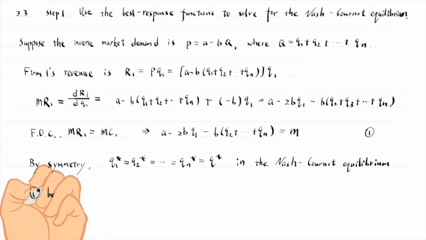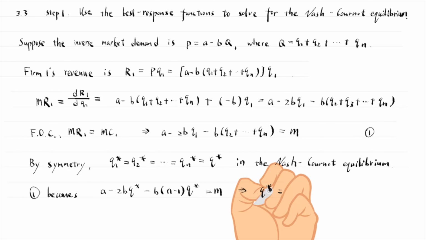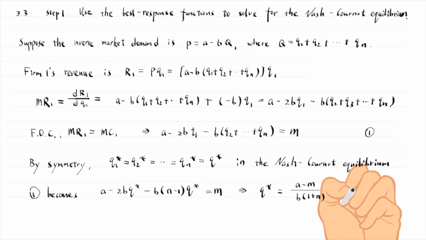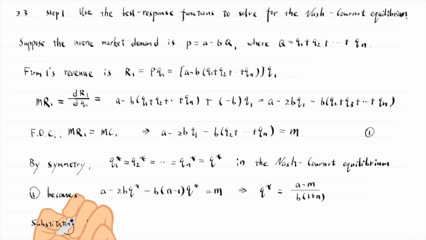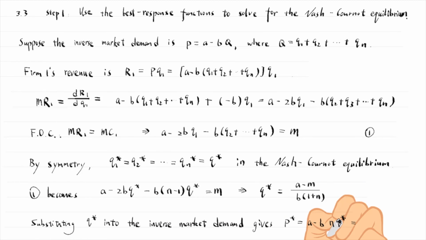The best response function becomes an equation with one unknown. We solve for the Nash-Cournot equilibrium quantity, Q star, which is A minus M divided by B times 1 plus N. Substituting Q star into the inverse market demand function gives the Nash-Cournot equilibrium price P star.